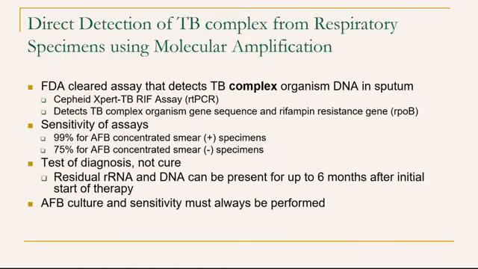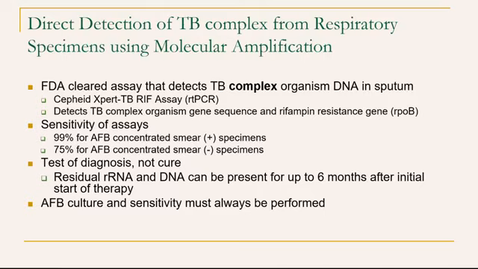Direct detection of TB complex from respiratory specimens using molecular amplification has become very important over the last decade. It is a way to rapidly find patients who have MTB infection. There's an FDA-cleared assay that can detect TB complex organism DNA in sputum.